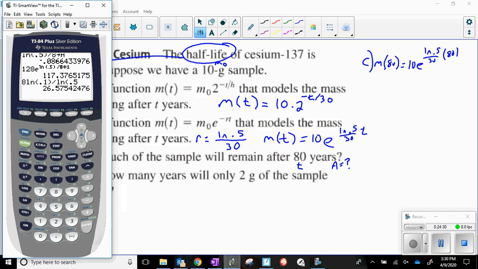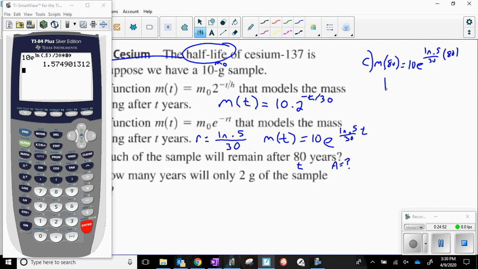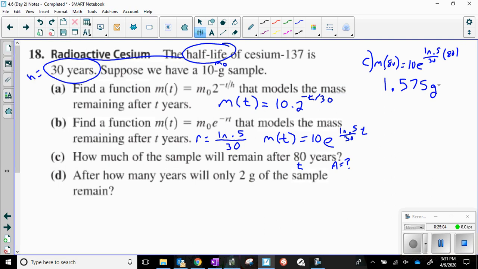So this becomes 10 e to the natural log of 0.5 divided by 30 times 80, which tells us after 80 years, there's only 1.57, I'll round or truncate, grams. Okay, and they said years.